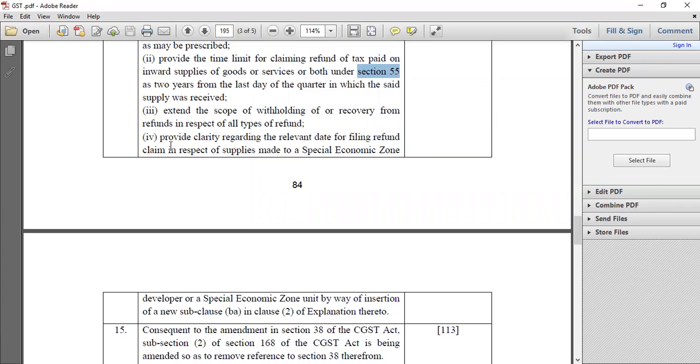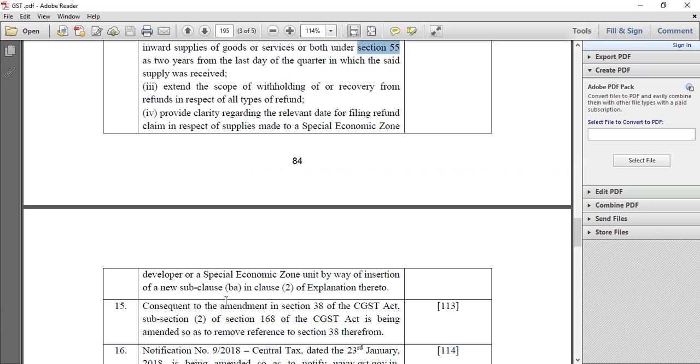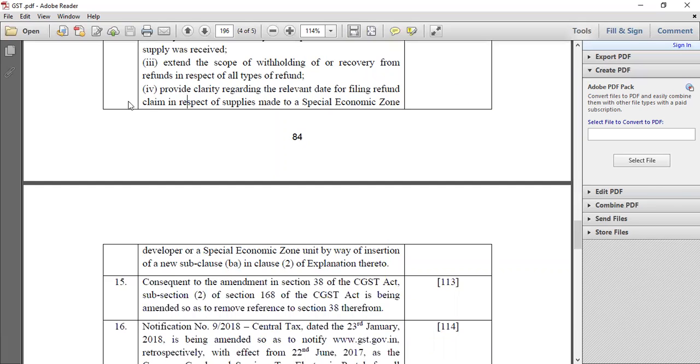Then the next amendment is that clarity is being provided regarding the relevant date of filing refund claim in respect of supplies made to special economic zone developer or special economic zone unit by way of insertion of new sub-clause BA in clause 2 of the explanation thereto, which means that the special economic zone can claim refund within 2 years from the date on which the GSTR 3B for which the refund claim is being filed.